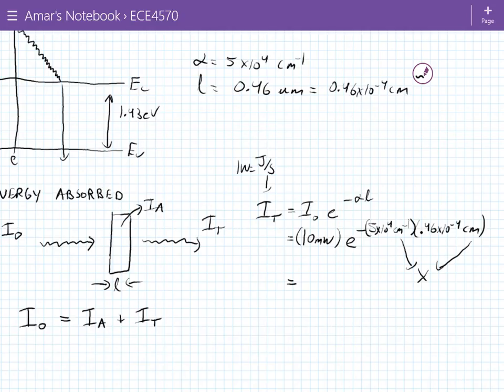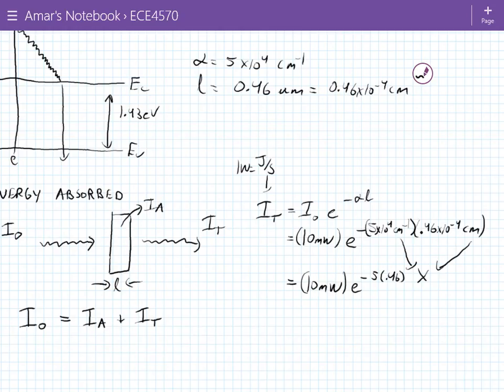So here we have 10 milliwatts times, if someone can help me out with this calculation here, e to the negative 2 point something. It's negative 5 times 0.46.